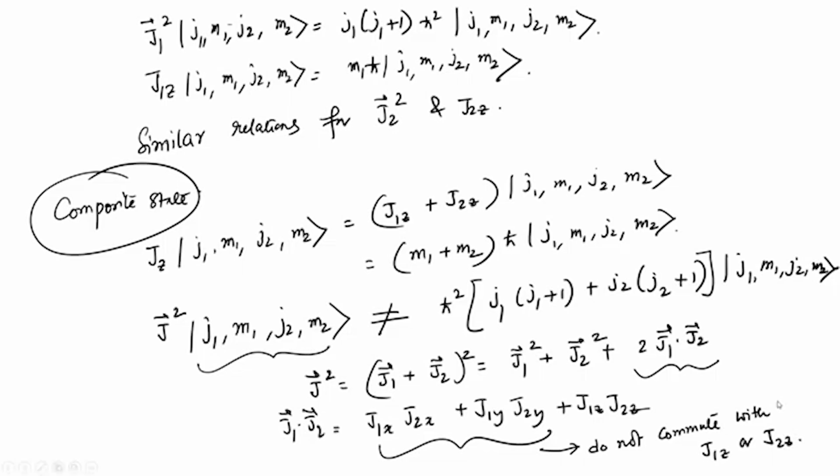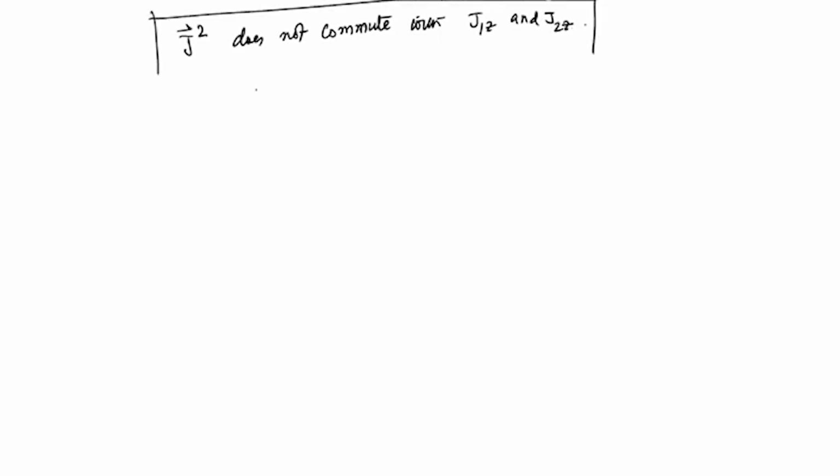Okay. So, that is the problem. So, J square does not commute with J1Z and J2Z. Let me write that down, that is important, does not commute with J1Z and J2Z, and it is an important thing for us.